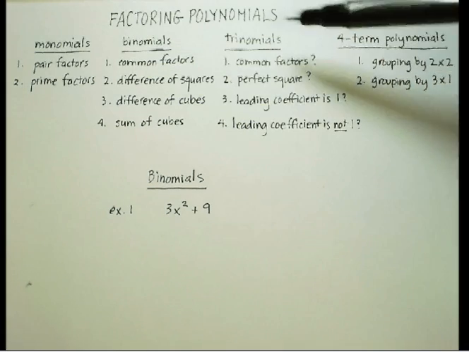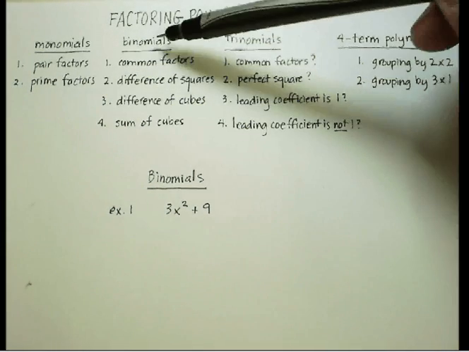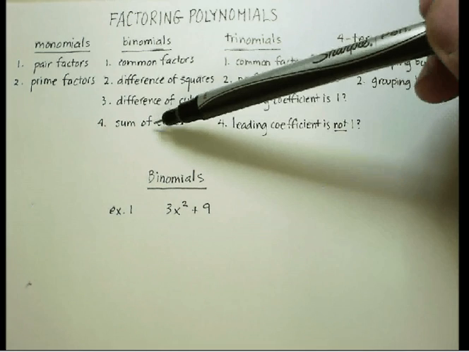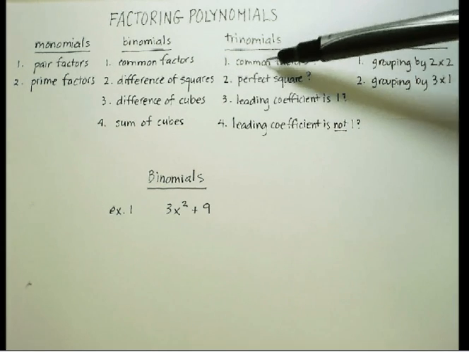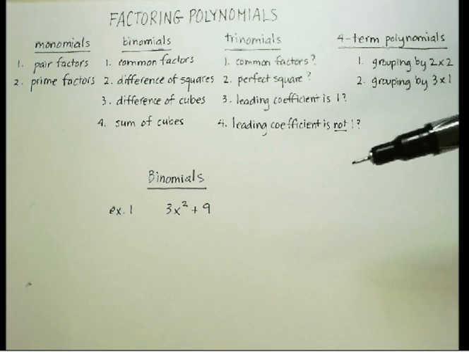So think of it that way. Think of monomials having two subheadings, binomials having four subheadings, trinomials having four, and four-term polynomials having two. And that will help you organize your thoughts when you come to these types of problems, when you need to factor.